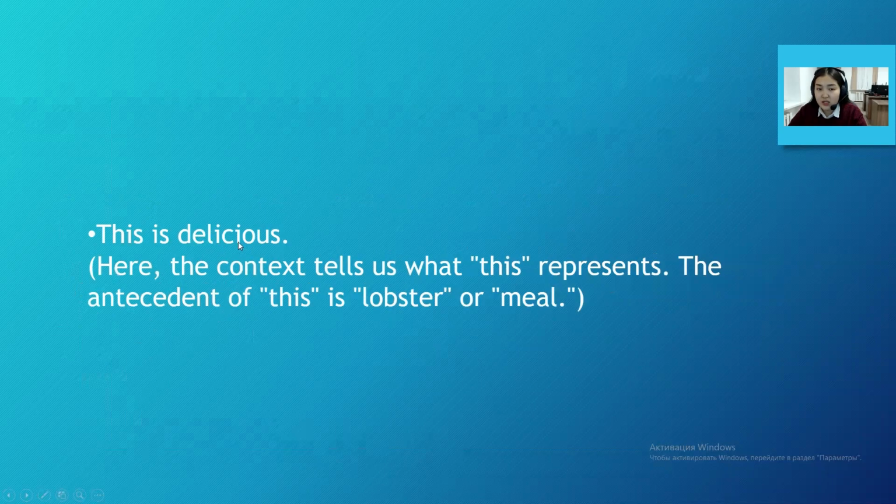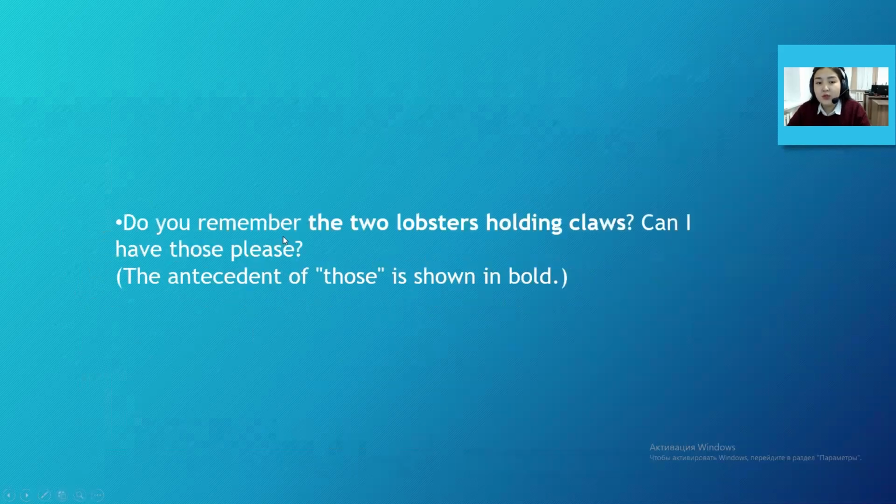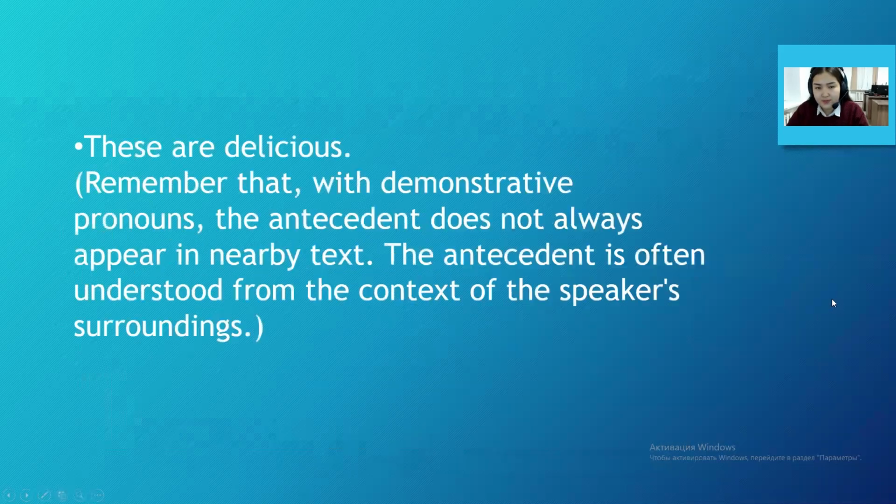This is delicious. Here, the context tells us what this represents. The antecedent of this is lobster or meal. Do you remember the two lobsters holding claws? Can I have these, please? The antecedent of these is shown in bold.